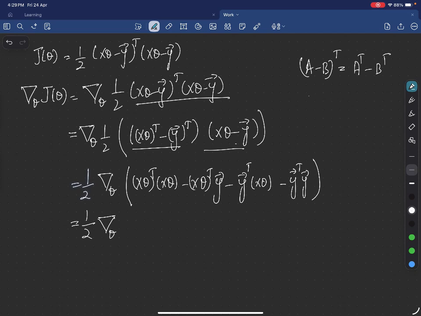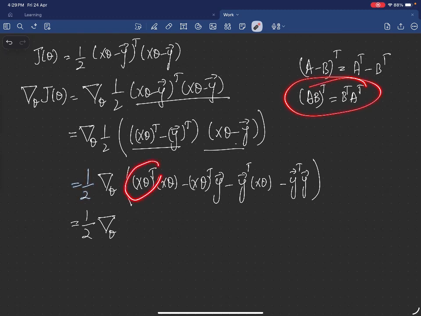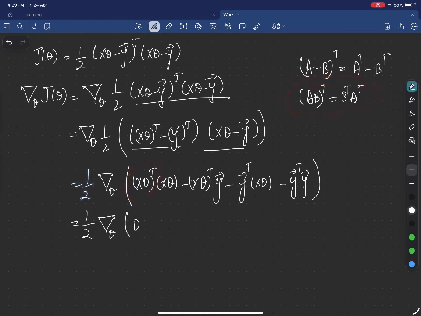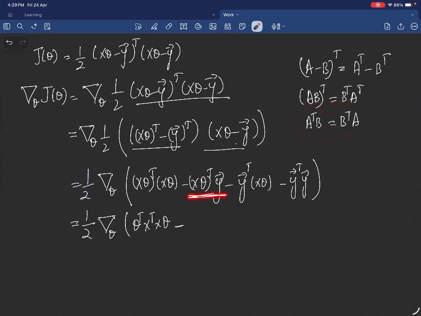We know that (AB) whole transpose is equal to B transpose A transpose. Now applying this formula here, we can write theta transpose X transpose X theta minus, and there's another formula, A transpose B equals B transpose A. Applying this here to this term, we'll get y transpose X theta.